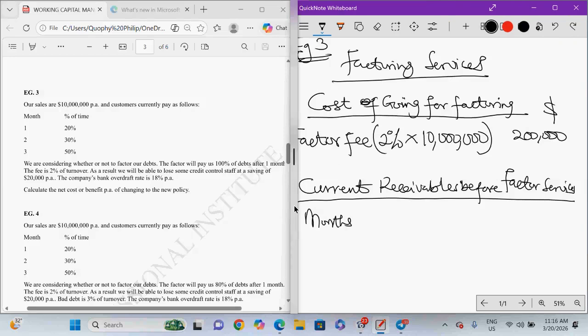This one is in months. The first one was in days, right? Yes, please. So this one is in months. Take note. So month 1, month 2, and month 3.